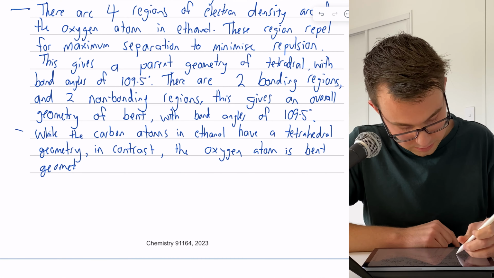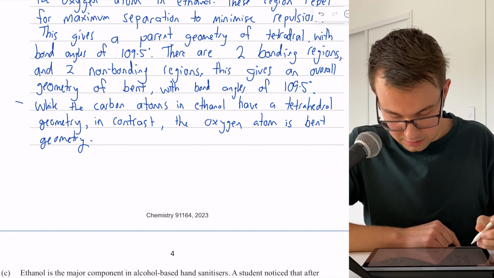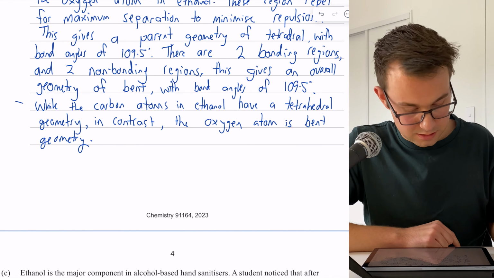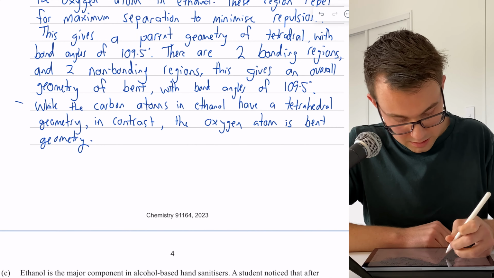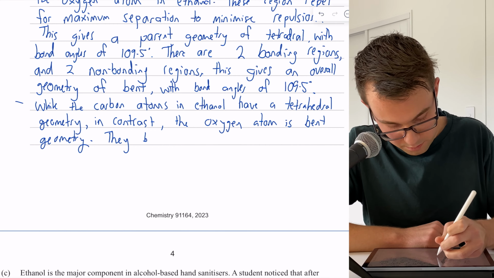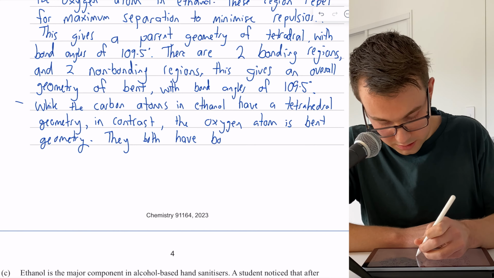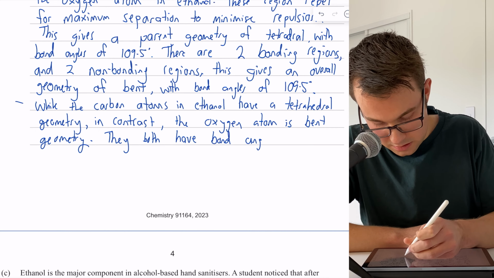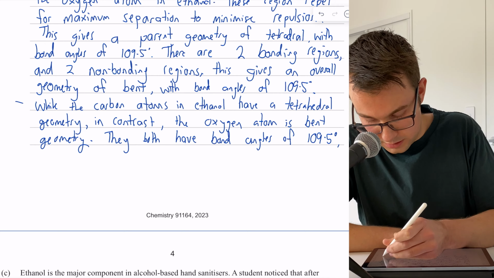Very cool. So that's a little contrast, and then let's compare as well. Let's put the bond angles in because we worked those out. They both have bond angles of 109.5 degrees.